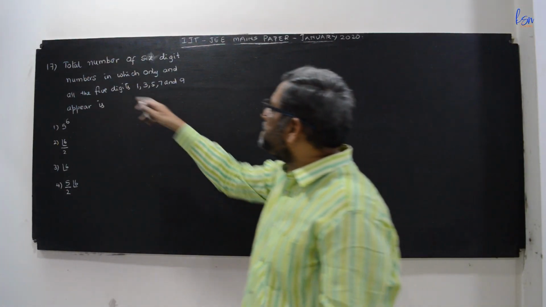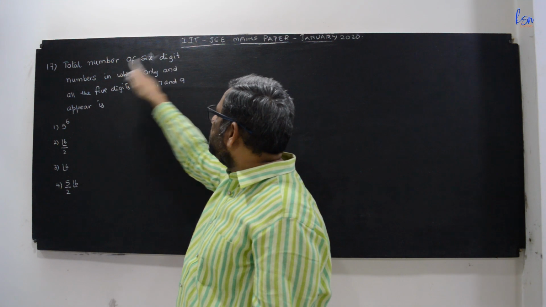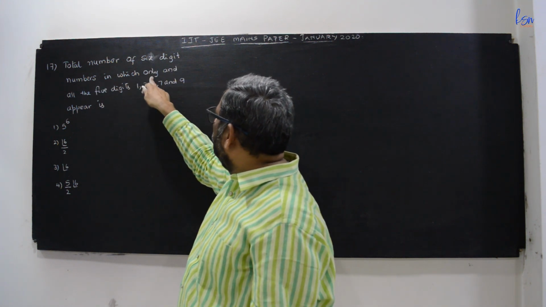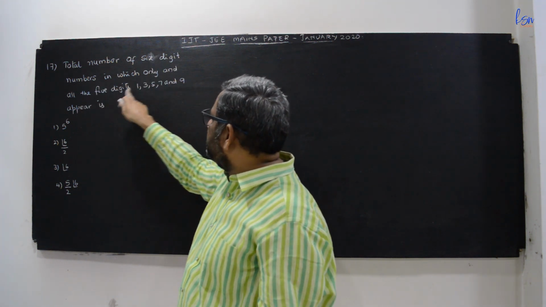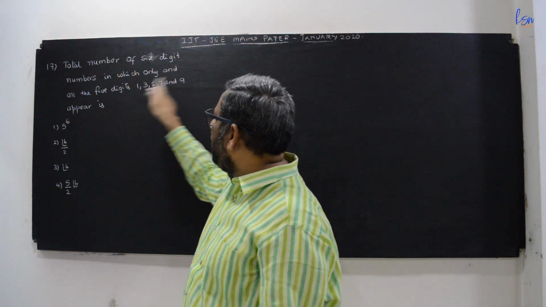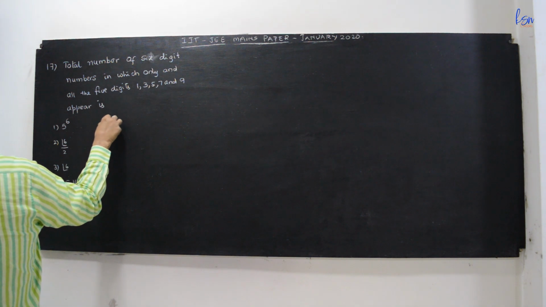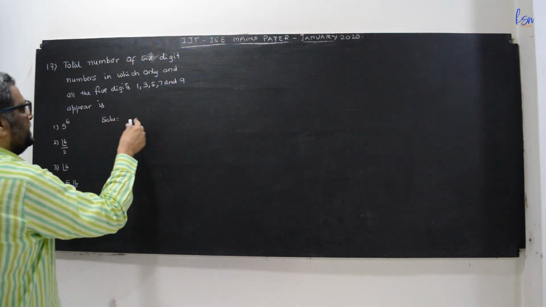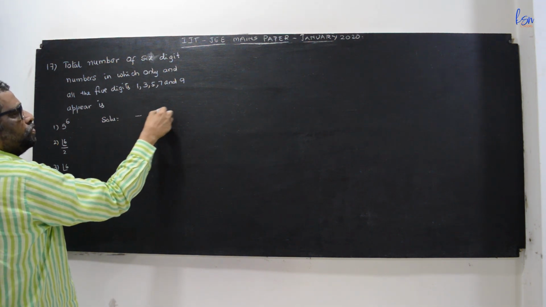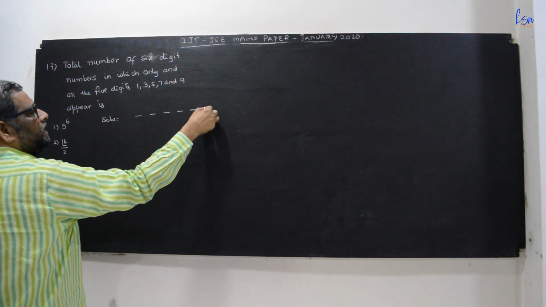The next problem is: total number of 6-digit numbers in which only and all the 5 digits 1, 3, 5, 7 and 9 appear is. Now the solution. We are asked to find the 6-digit numbers, with places 1, 2, 3, 4, 5, 6.